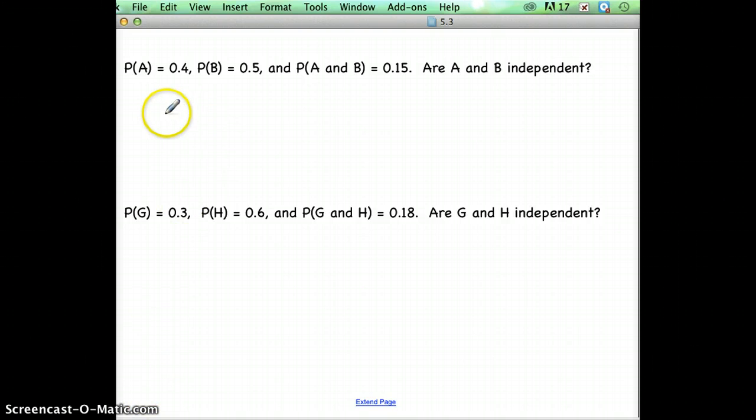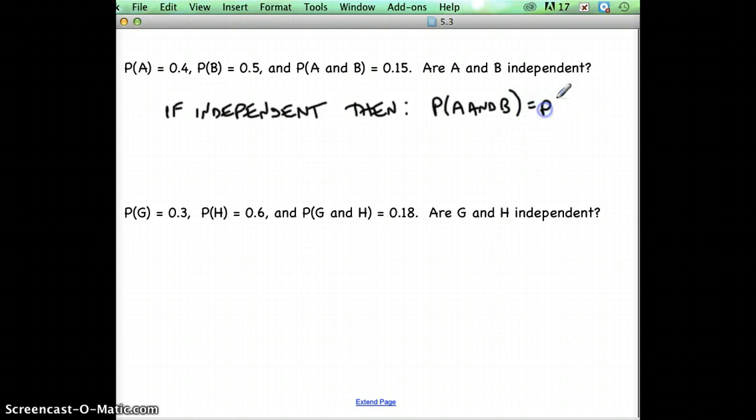Okay, well, from the last slide, if they're independent, then what should happen? Then the probability of A and B should equal the probability of A times the probability of B. So let's check and see if that's right. Well, they say the probability of A and B is 0.15, and they tell us that the probability of A is 0.4, and the probability of B is 0.5.